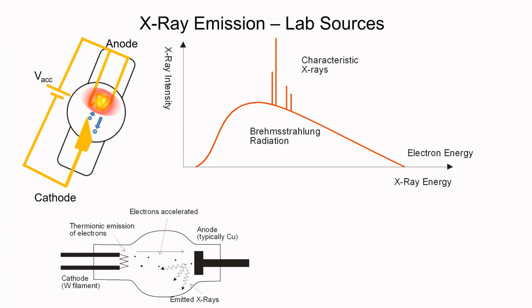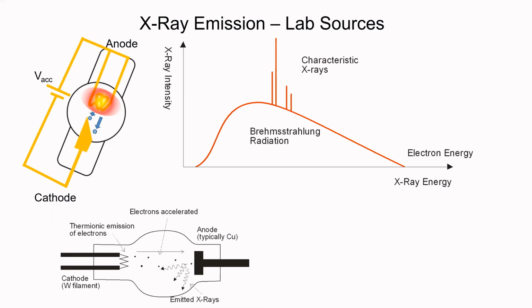The incoming electrons knock electrons in the copper out of their core energy levels, push them up to very excited energy states, and then it's that energy transition coming down from the excited energy state back into the core state that emits the characteristic X-ray photons.